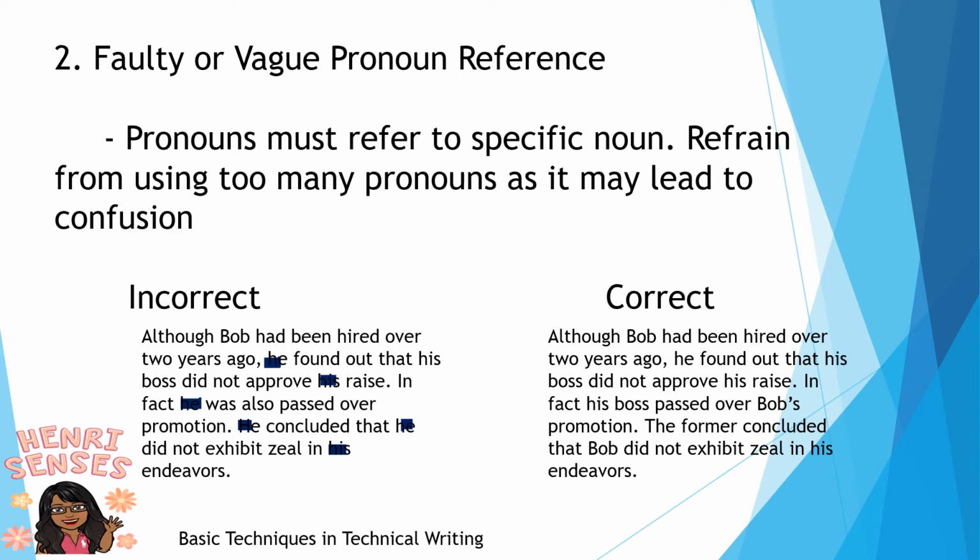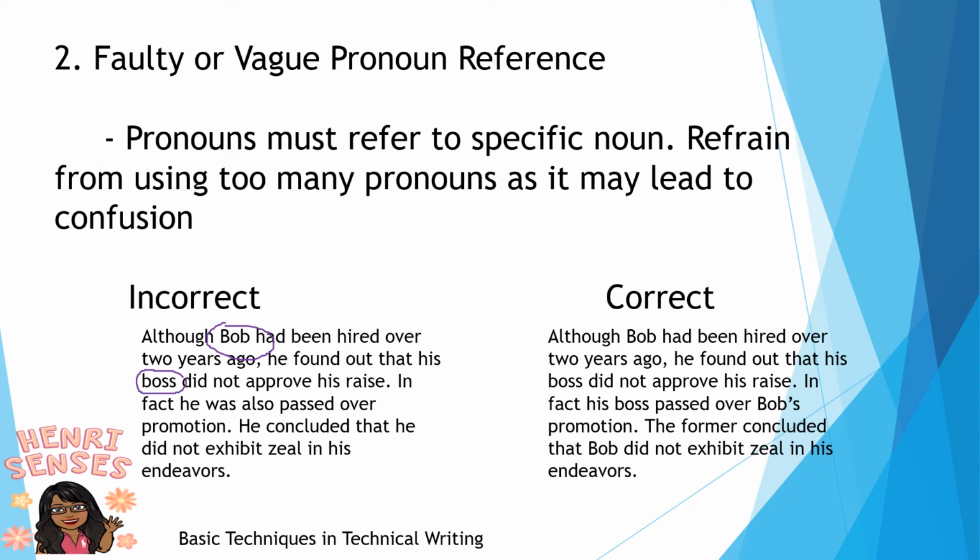If you notice, he, his, he, his can be very confusing. We do not know whether these pronouns are referring to either Bob or his boss, right? So it can be very confusing.